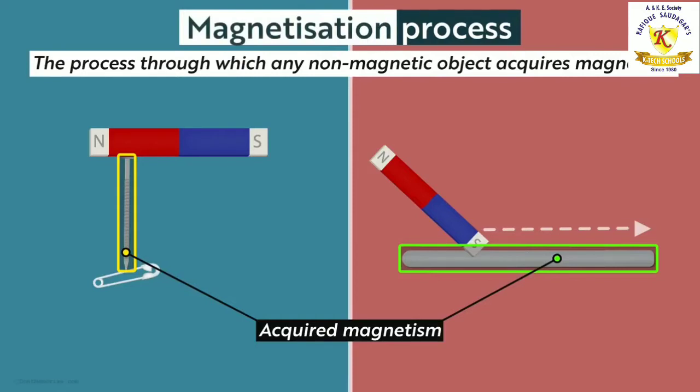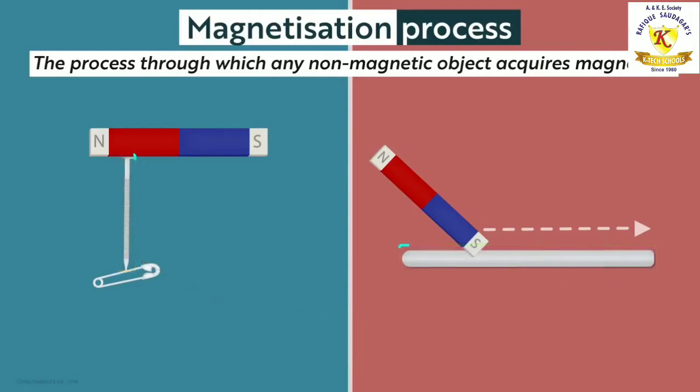Yes, magnetization. This can also be defined as the process to magnetize any non-magnetic object. So, in these processes, we are magnetizing the ferromagnetic object.